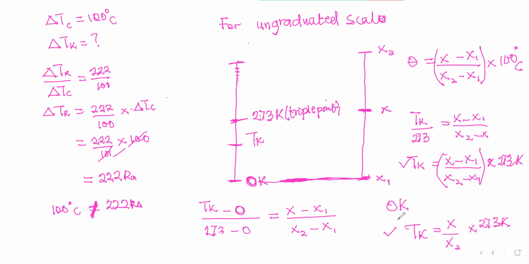Pressure is 0. So there wouldn't be any value for x1. x1 will be treated as 0. If this is the case, then you go with this. If a value is given at 0 K, then you treat the question using this relation. Please, is there any question? We will be solving similar questions.